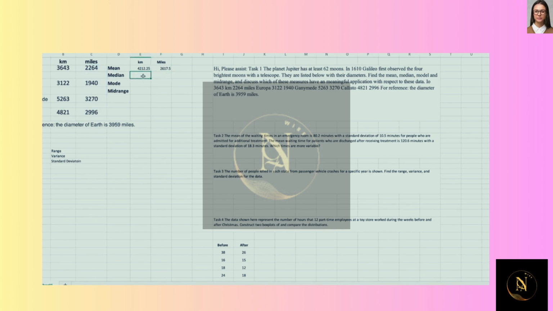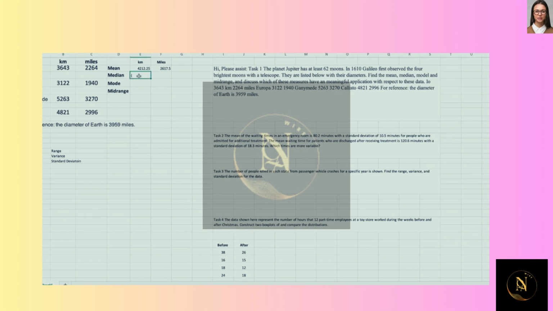Okay. Then the median is going to be in between the two data points. So I am going to add the two data points that are in the middle, 3,643 and 4,821.